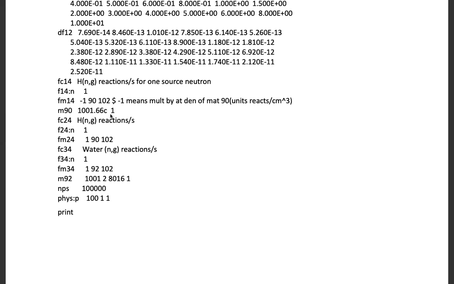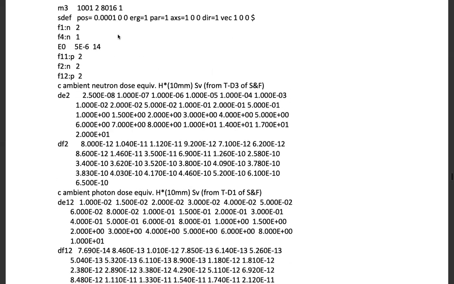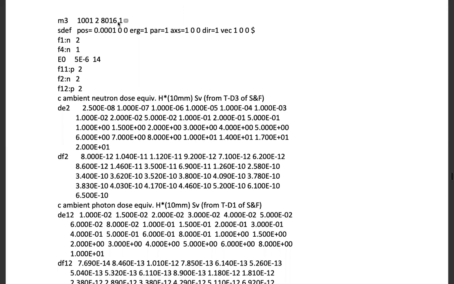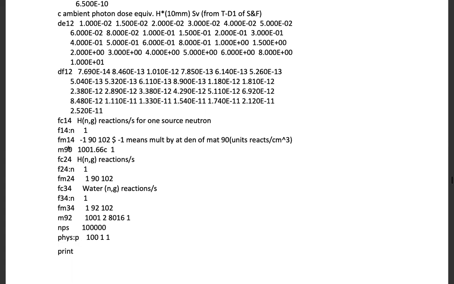Previously, I defined material number 3, which was not 100% hydrogen, but which was H2O. So I don't want to do it in that. So I define a material number 90, and the cross section is 1001 for hydrogen, 0.66C is the library, and it's 100% hydrogen. So the reaction number is 102.